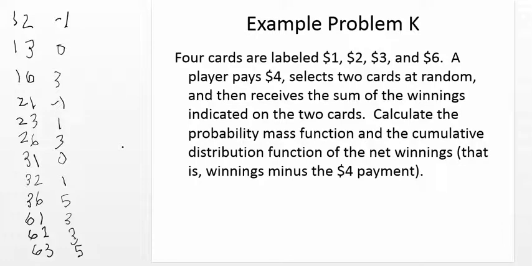I see also that I made some mistakes here. I got the 1 and the 6 right, but this one, that's supposed to be a 6 and a 2 there. I'm going to fix those.